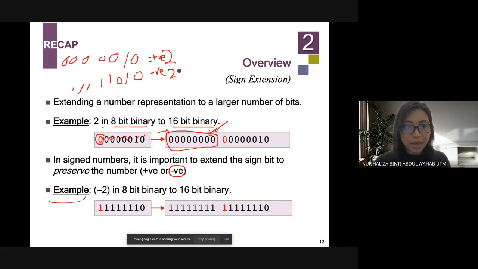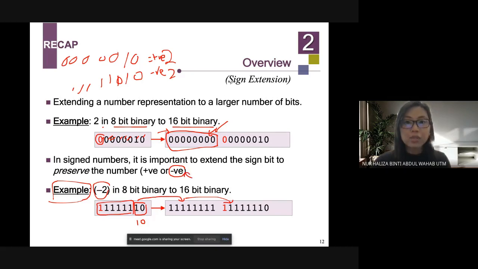So this is another example with a negative number. You put everything in front as 1, 1, 1, 1. Over here, this is the only value for 1, 0, but the rest you convert into 1 to show this is a negative number.